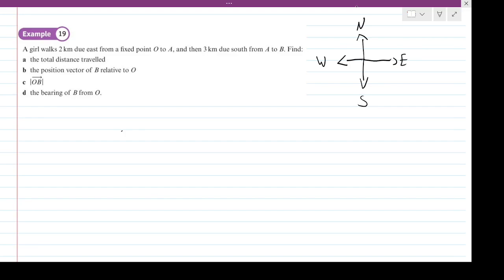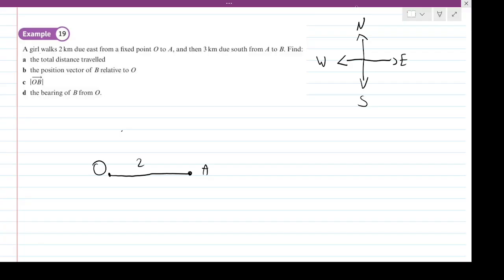Anyway, so we are told this girl walks 2 kilometers due east. So imagine we have our origin, say here, O. Then 2 kilometers east will be 2 kilometers to the right, okay? The east direction, okay? Then that's the point A, okay? That's 2 kilometers there.